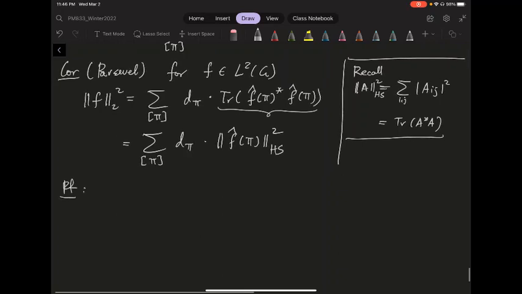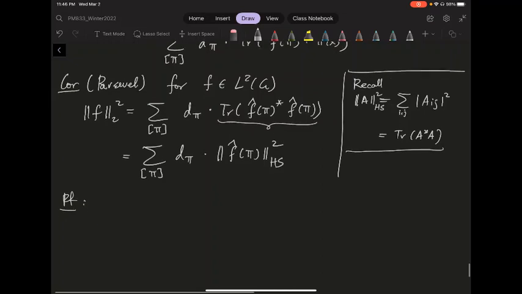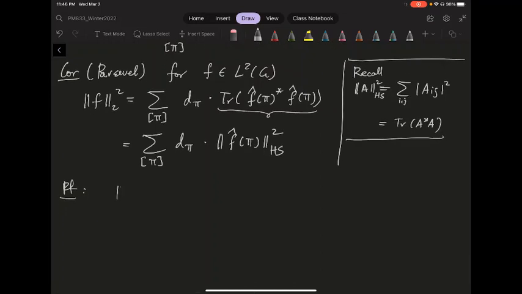This is really simple. We have the L2 norm from what we had before. This is equal to the summation for each pi of the summation of the Cij, the whole thing squared, multiplied by some scalar, 1 over d pi, with ij going from 1 to n.